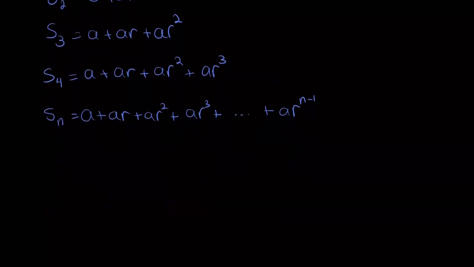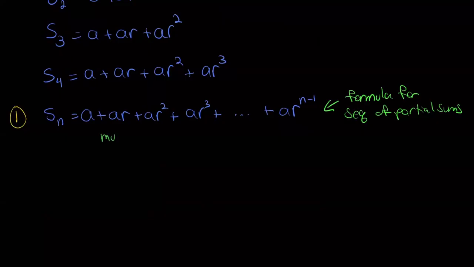It might be worth your time to write that down because that really truly is the formula for the sequence of partial sums. Okay, I'm going to do quite a bit with it. I'm going to call that equation number 1 for right now. But what I'm going to do is simplify that formula. I am going to multiply both sides of that equation by r.